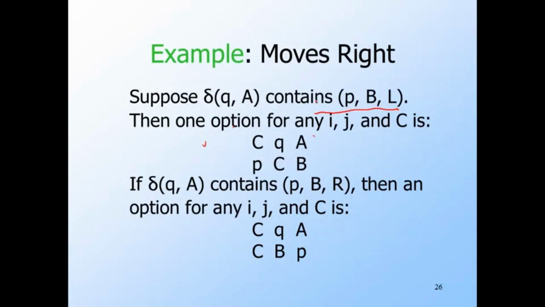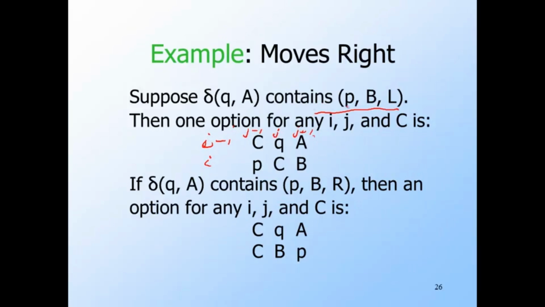Then, for any ID I and position j and tape symbol C, this is ID I minus 1, that's I. This is position j minus 1, that's j, and that's j plus 1. Okay.